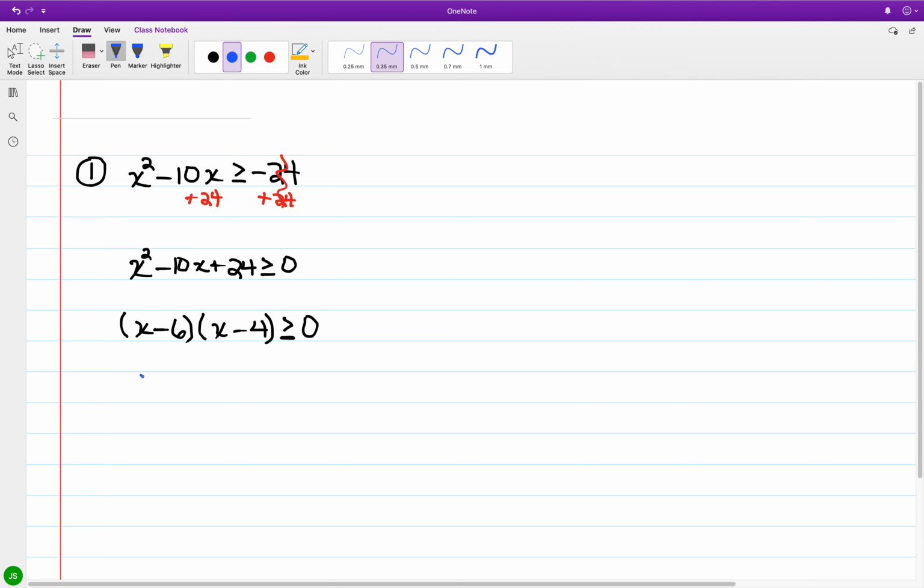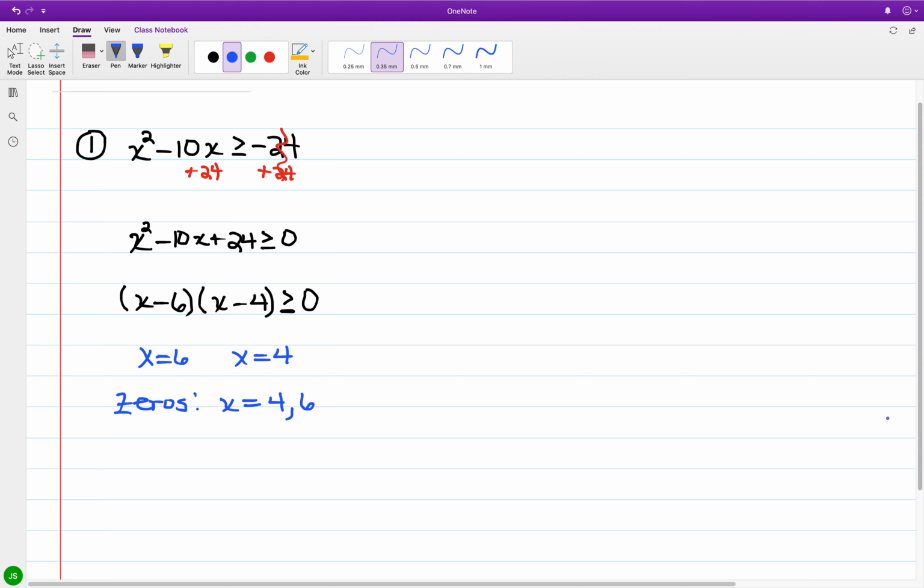From x minus 6, we have that x is equal to 6, and from x minus 4, we have that x is equal to 4. I'm just going to rank order the zeros in increasing order: 4 and 6.